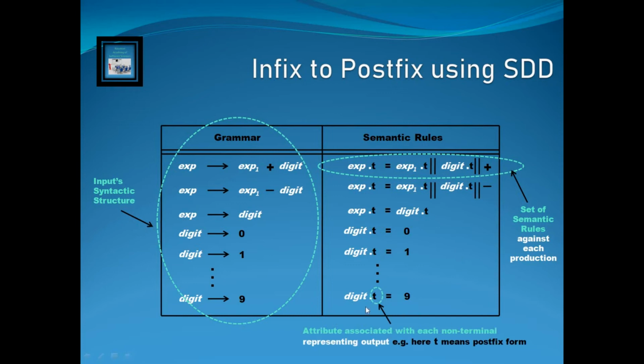Okay, so we already learned that here T means some attribute that is associated with a grammar symbol. For example here digit dot T, the grammar symbol is digit and T is the attribute associated with digit, and it is showing the postfix form of this digit.